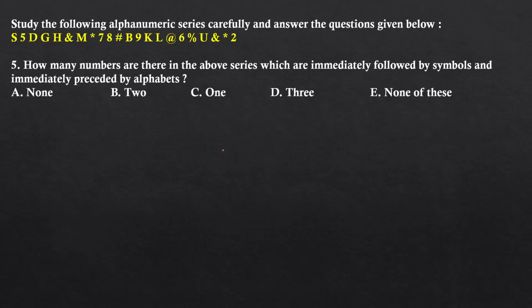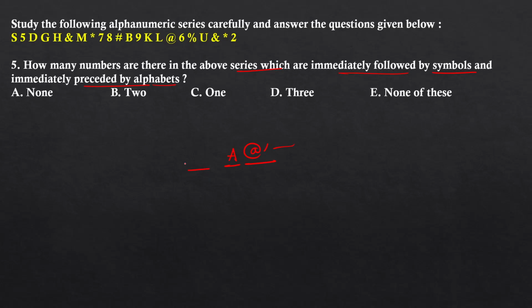Next one. How many numbers are there in the above series which are immediately followed by symbols and immediately preceded by alphabets? That means there should be at the rate or something else, and immediately preceded by alphabets.